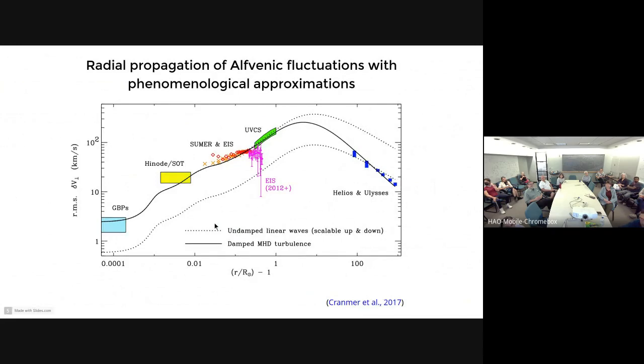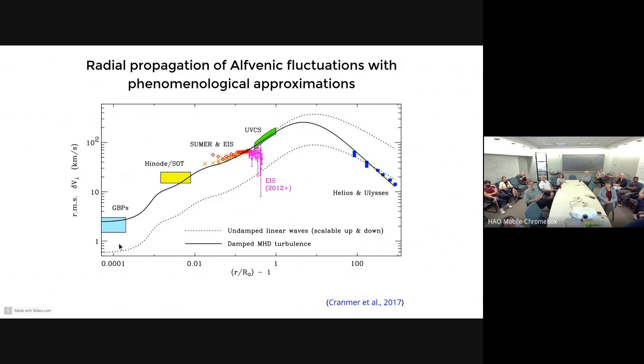Here I'm referring to a paper from Steve Cranmer in 2017. What they did is simulate fluctuations in the velocity. Here the dashed line is what should be without the turbulence, using this phenomenological approximation, and the solid line corresponds to the one which includes the turbulent parameters.